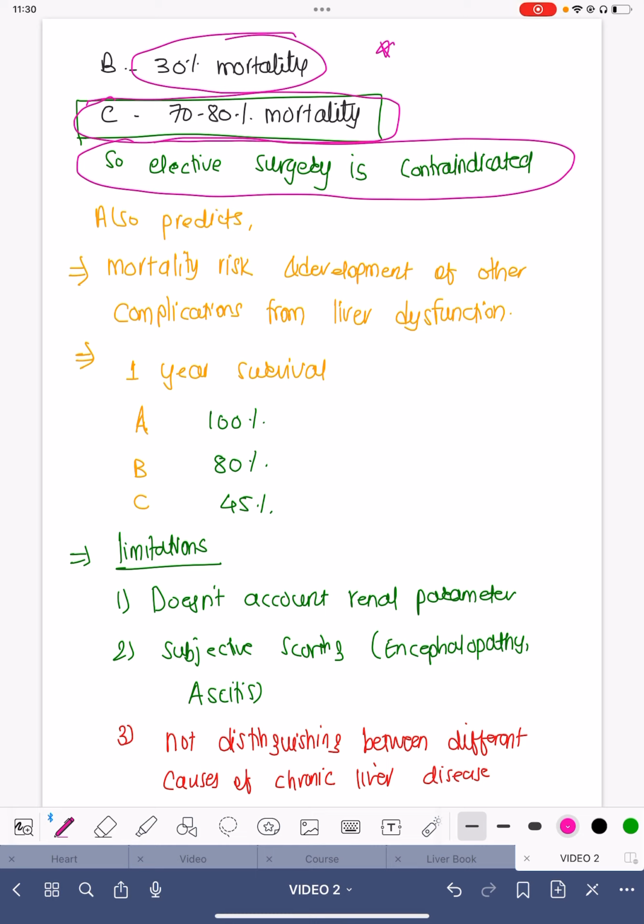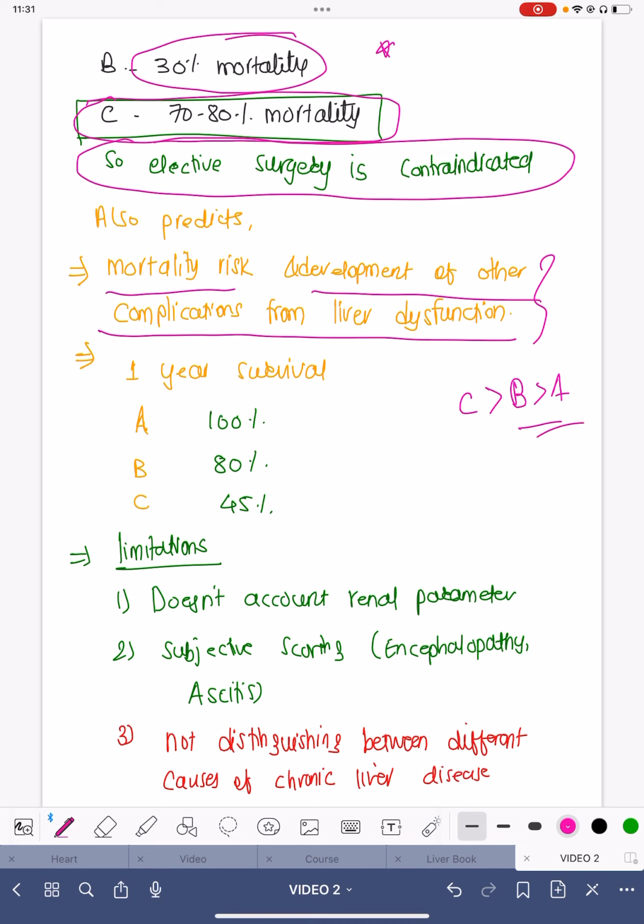It also predicts the mortality risk and development of other complications from liver dysfunction, because if the score is C, then the chances of gastroesophageal varices, ascites, spontaneous bacterial peritonitis, or hepatic encephalopathy, or secondary infections, or community acquired pneumonia, or any other immunocompromised infections, all these complications will be much, much higher in C than B than A. It can also be used for predicting the survival.